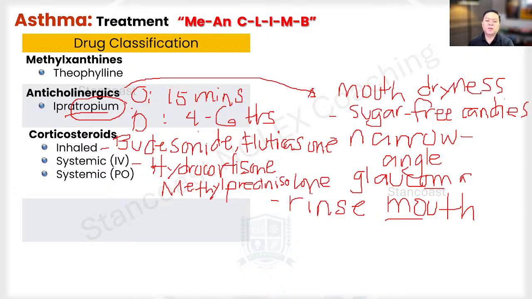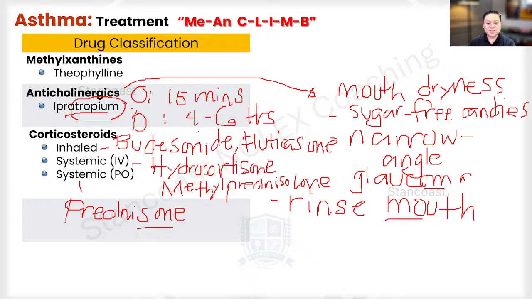Or we'll simply call them as the Solu-Medrol, if you still remember that brand name, Solu-Medrol. And then for the systemic PO, we always have that prednisone. Okay? Prednisone. So this is your clue here for the steroids. The zone, S-O-N-E, methylprednisolone, prednisone, hydrocortisone, fluticasone. The budesonide is one of those medications that doesn't have that zone, so just have to recall that manually.